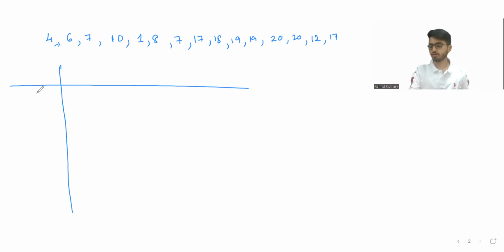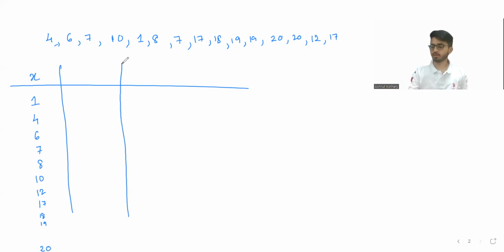The usual way is to do it in ascending order: 1, 4, 6, 7, 8, 10, 12, 17, 18, 19, 20. This we denote here as X, that is, the possible values.